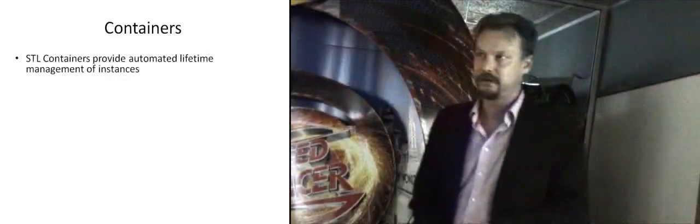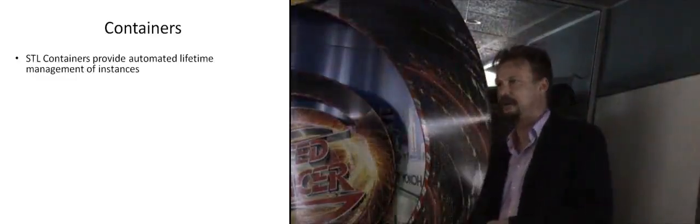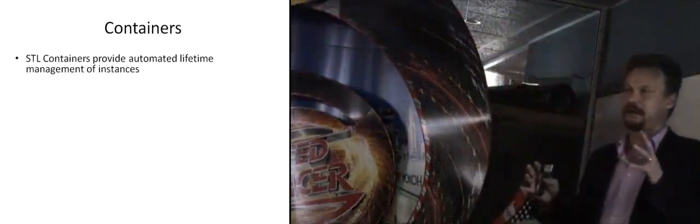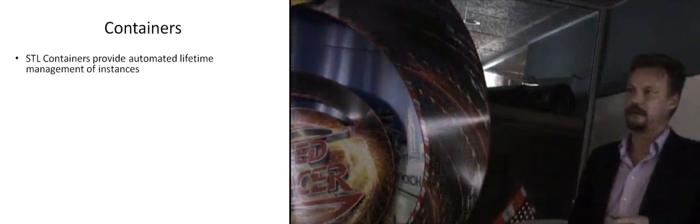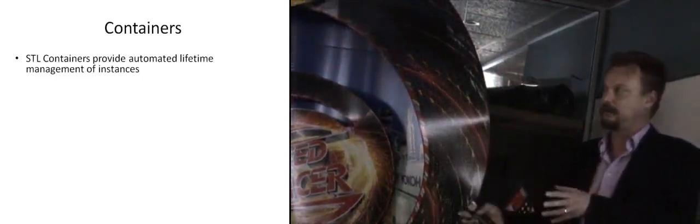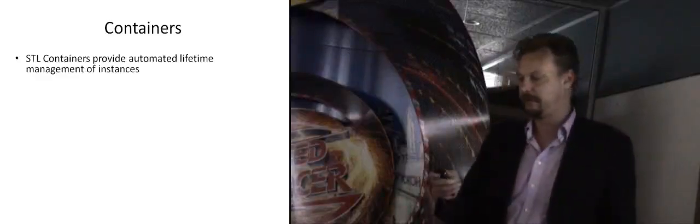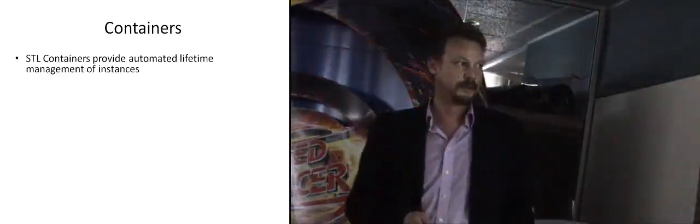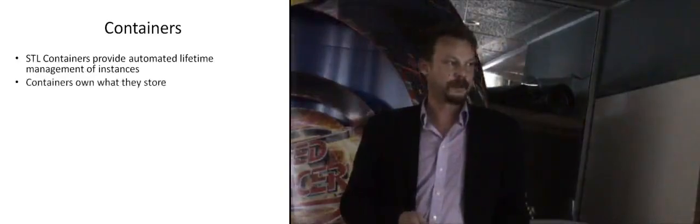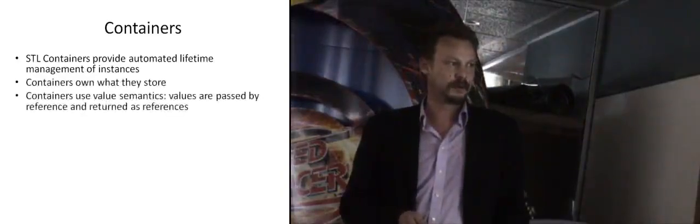Now, a key point about containers in STL is that they take ownership of what you give them. So once you give an object to a container, the container then owns that object and you are no longer responsible for lifetime management of that object. Containers own what they store. Containers use value semantics.